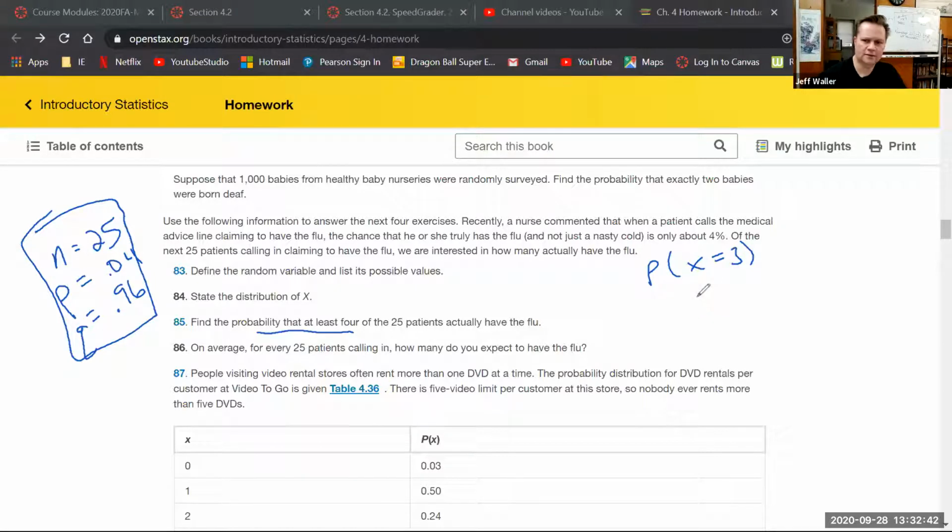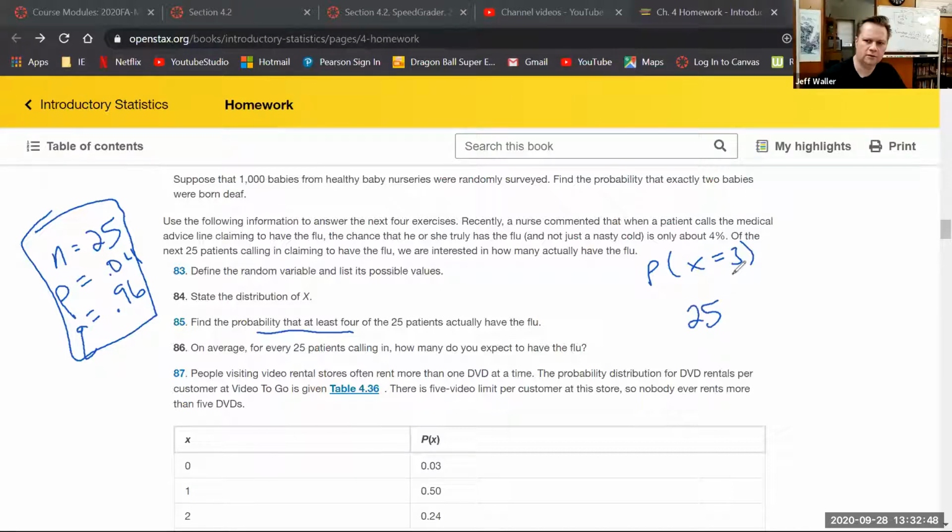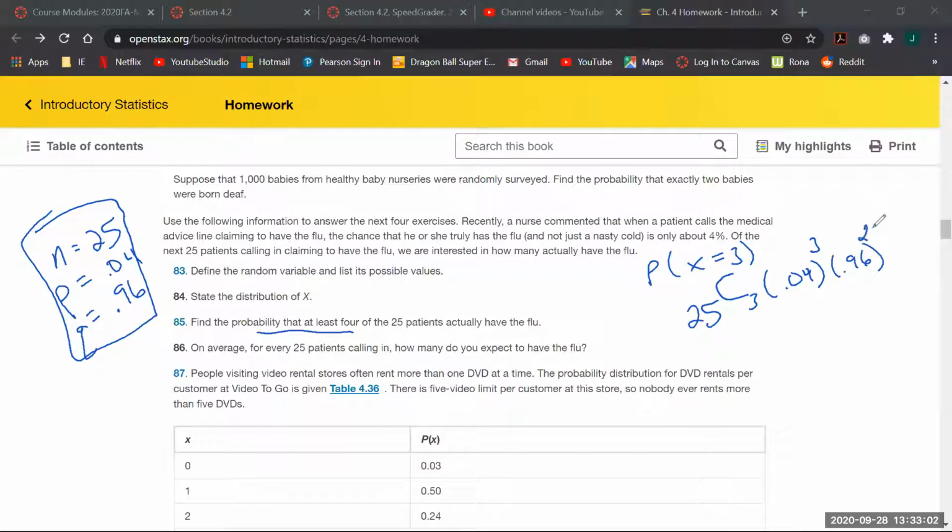What's the formula for 25? I have 25 people and I want to choose 3 of them to be a success. So I'm going to have 3 successes and the rest, which would be how many? 22. 22 would be failures.